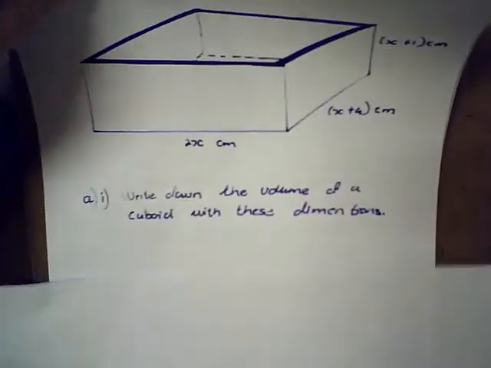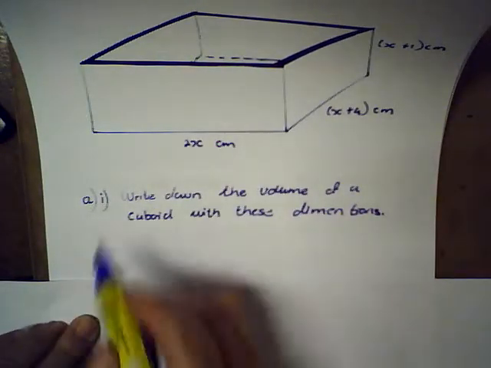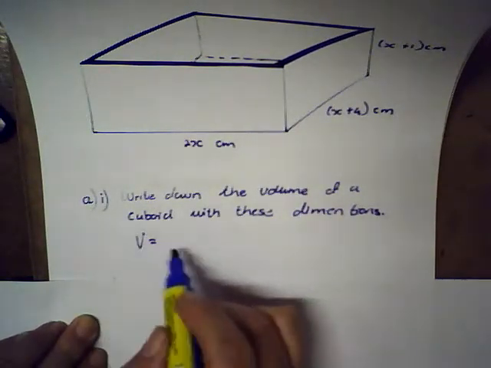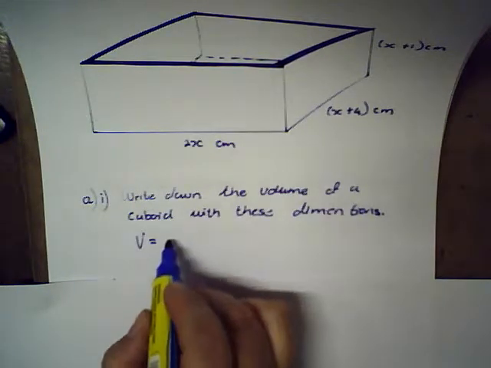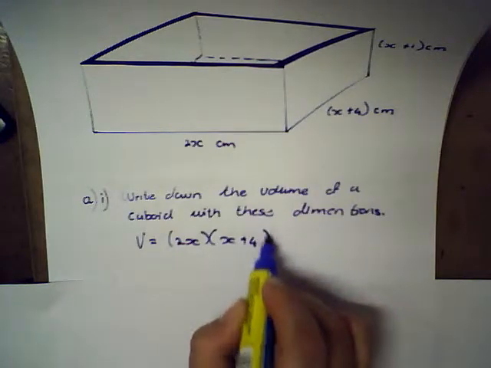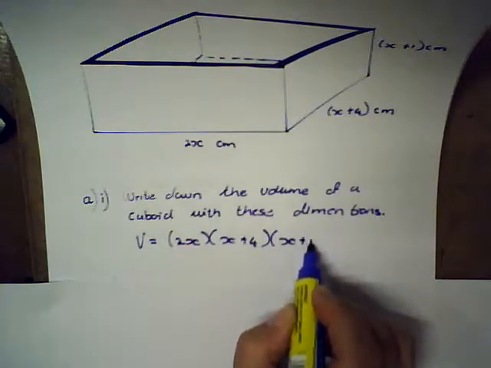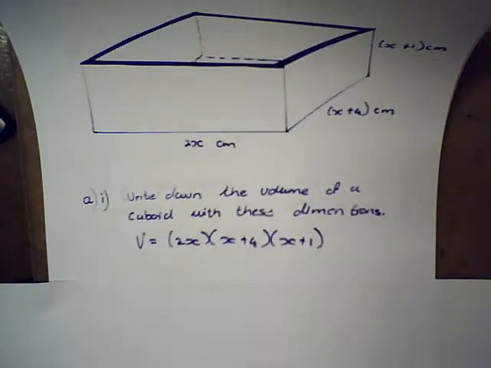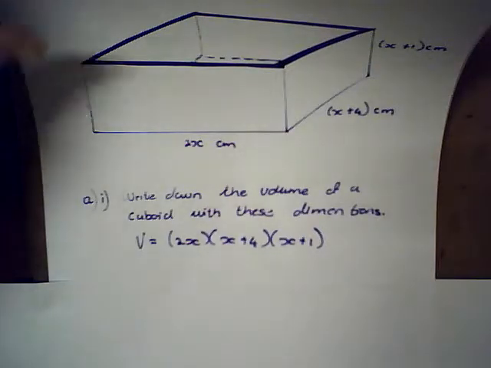So we need to find the volume of this. We know volume equals length times base times height. The length is 2x and x plus 4 and x plus 1. And we are done. Okay. Then they ask in question 2, expand and simplify your answer.